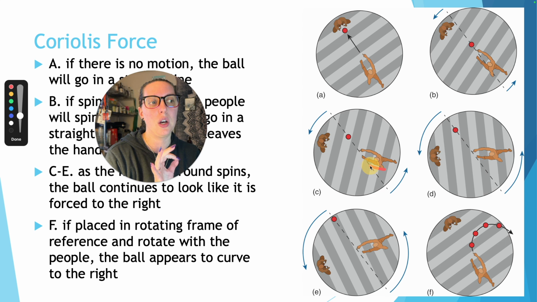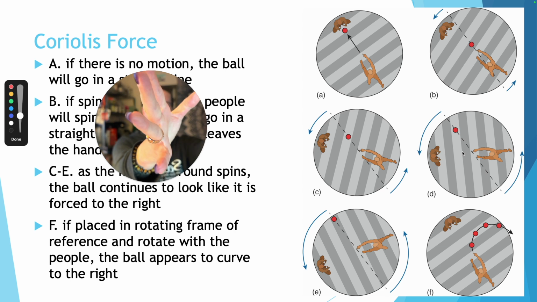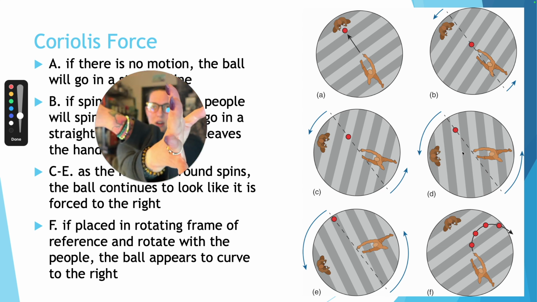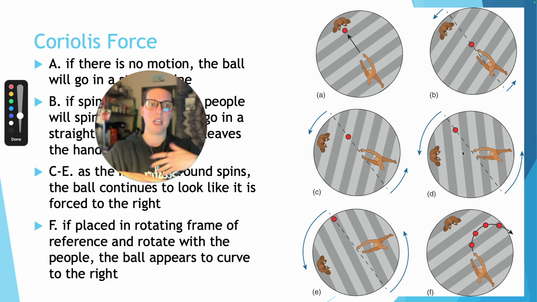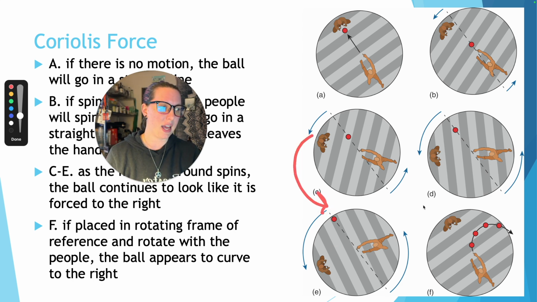Not so much that it's going to make you fall off the merry-go-round, but enough that the moment you try to throw this ball to your friend, the moment that ball leaves your hand, your friend is now over here from where you initially wanted to throw it, right? So you're still throwing it in a straight line, but now your friend ends up all the way over here, right? And you are moving as well, right?